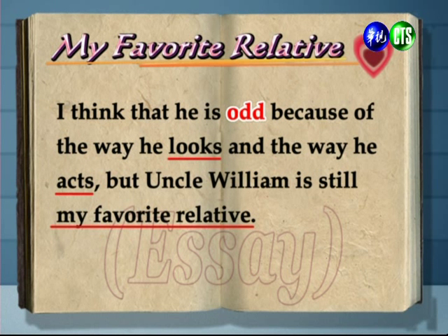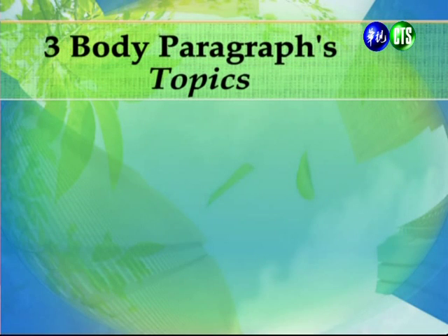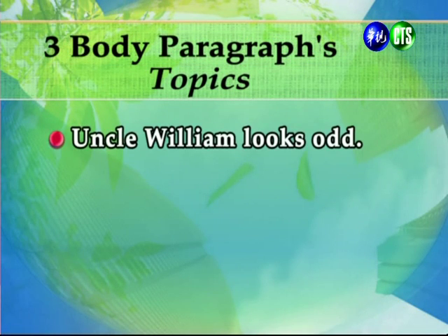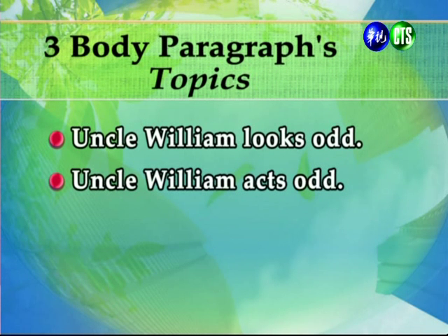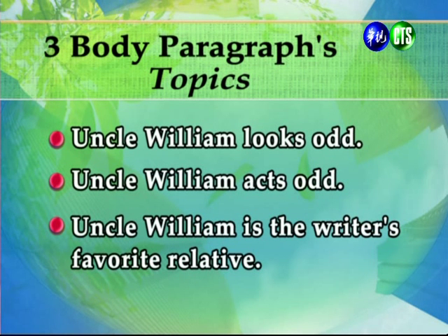The first body paragraph is going to be about how Uncle William looks odd. Then the second body paragraph will be how he acts odd. And then the third body paragraph will be why Uncle William is the writer's favorite relative.